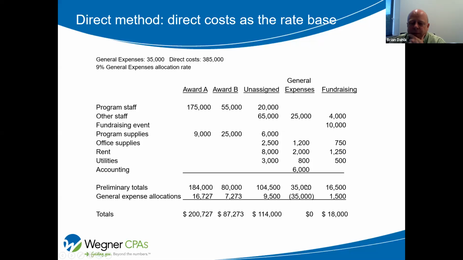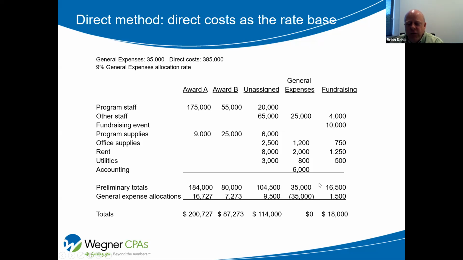So like I said, the big things to keep in mind for federal allocations are, number one, the worst thing you could do would be to take this 35,000 and allocate it to award A or award B based on how much unfunded amounts those awards have. I mean, that's the worst thing you could do.